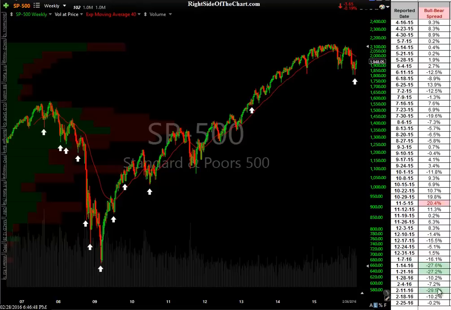I've highlighted all the readings that are negative 20% or more, meaning a net difference of over 20% more bearish than bullish. So if 50% of the traders were bearish and only 20% were bullish, you'd have a 30% difference there.